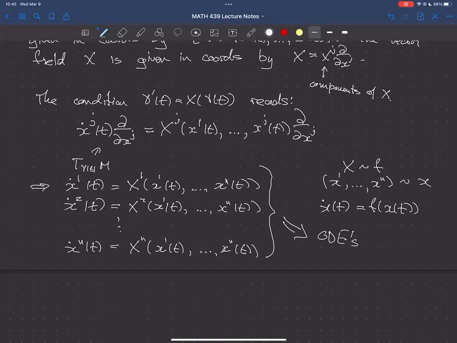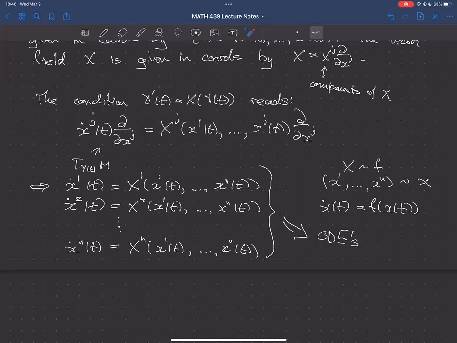The condition for an integral curve, when you write it down in coordinates, amounts to exactly this ordinary differential equation. And so the question of existence and uniqueness, at least locally, boils down to the question of existence and uniqueness of solutions of ordinary differential equations.